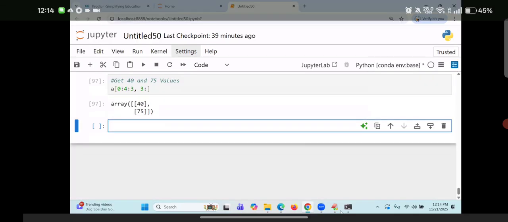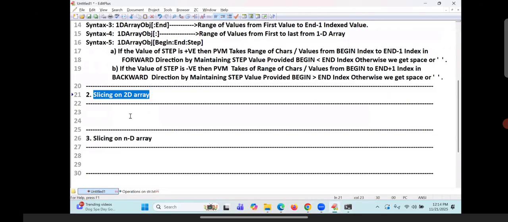Good. Now I am going to enter into this place. This is called 2D. What is the syntax? Tell me now.